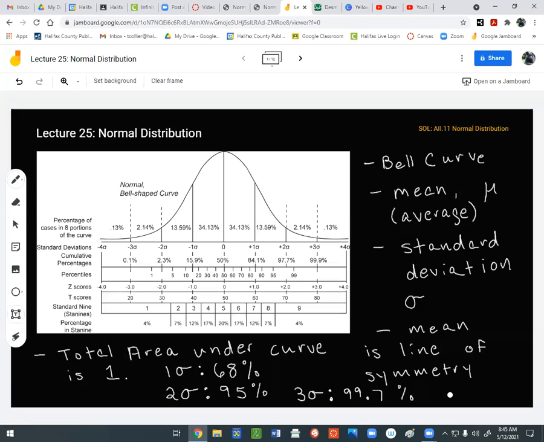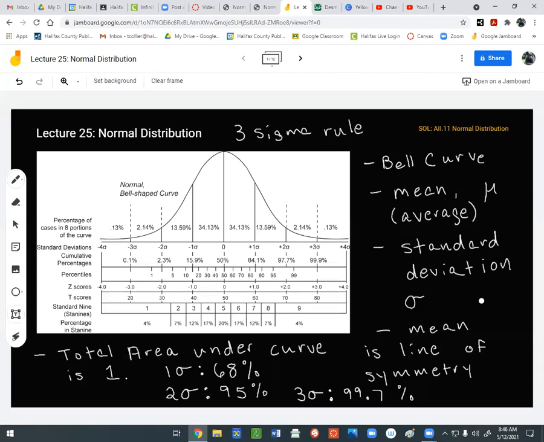So within 3 standard deviations, you're going to have 99.7% of all the data. That's called the 3 sigma rule. Okay, so that is the normal distribution.